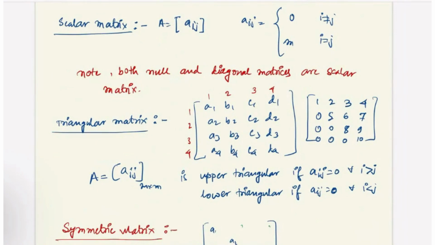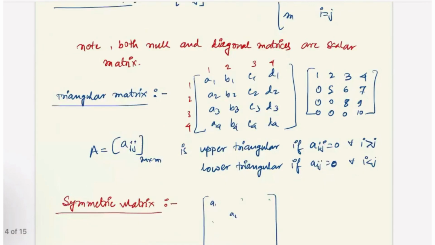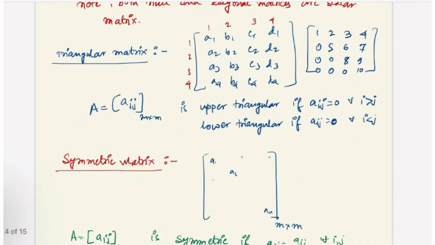And the scalar matrix is another, generalized version of a diagonal matrix: if i equals j, it will be m, taking a particular value.